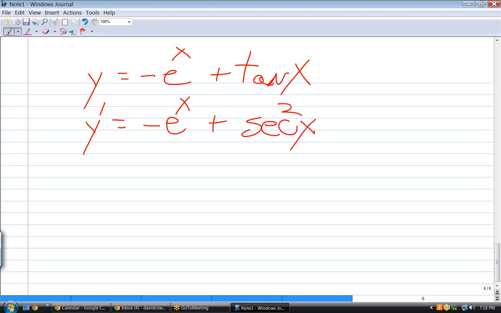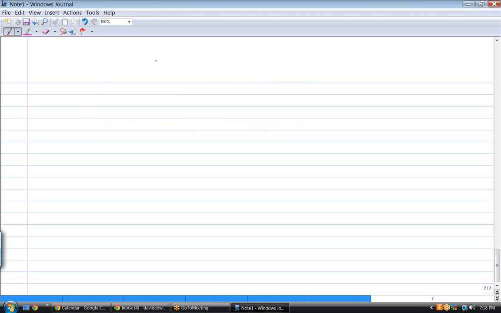Let me give you some hints as to memorizing the transcendental functions. What's the derivative of sine? Cosine. And notice that cosine is the cofunction of sine.